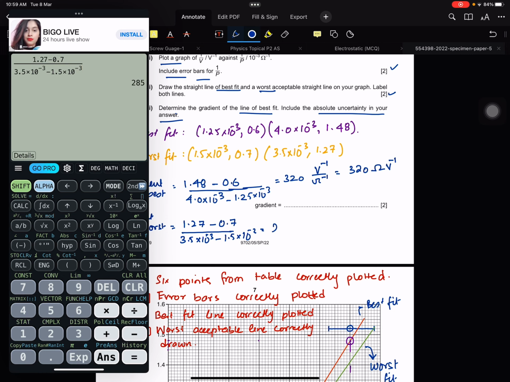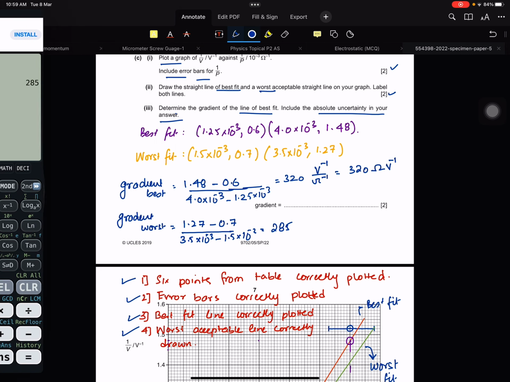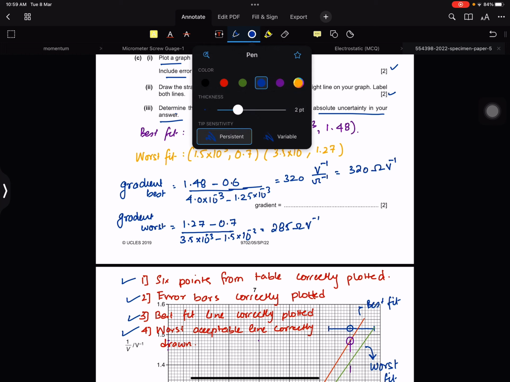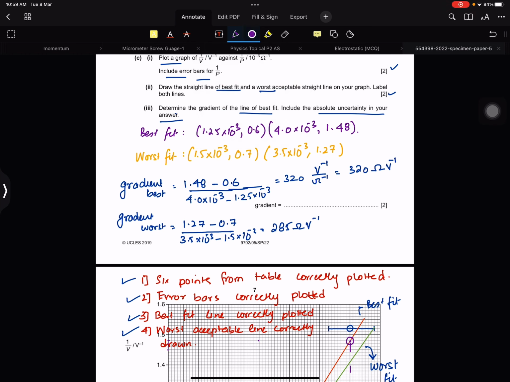Okay, so I'm getting it as 285 now, Ω V^-1.